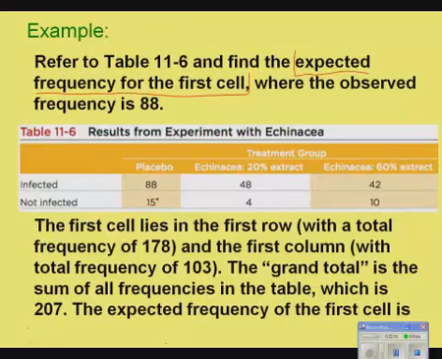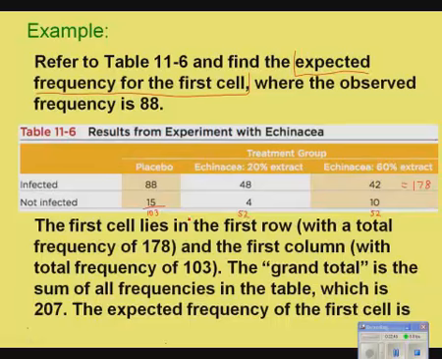So this total, the first row, if you add those three up, you get 178. If you add these two together, you get 103. The grand total will be the sum of all frequencies in the table. So let's see, I have 52 here. I have 52 here.